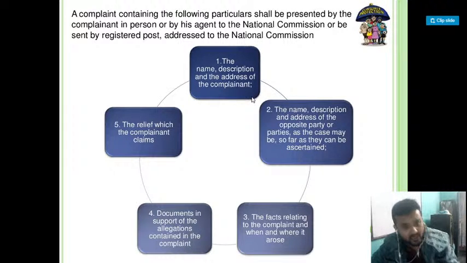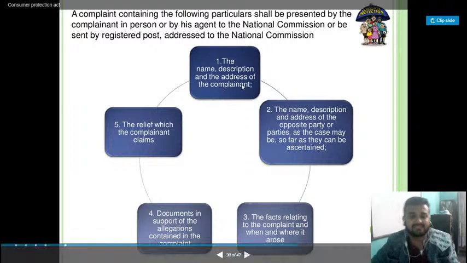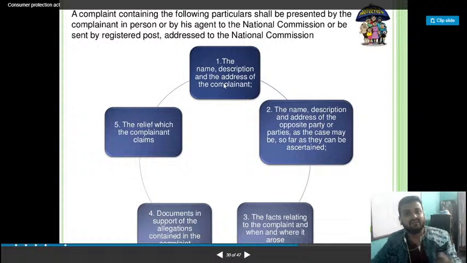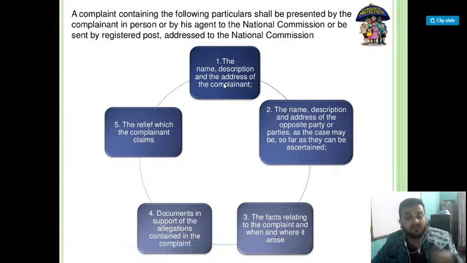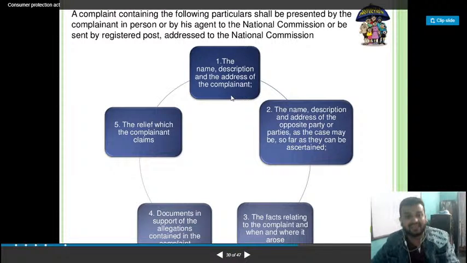But wherever you are going, the first step is you should write your name, a description of your claim and how you are being cheated, and your address as the complainant. The person who is complaining is the complainant.